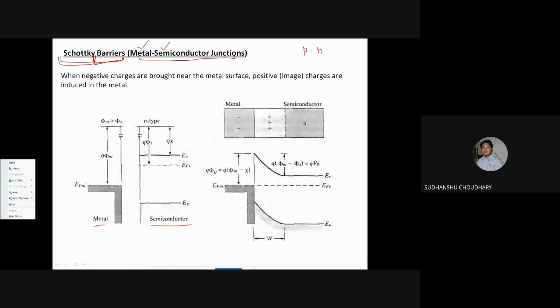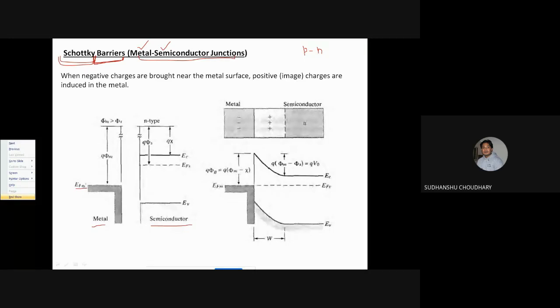So the energy band diagram of metal is simply represented by its Fermi level, EFM, that is the Fermi level of metal. Now below this Fermi level, all the states are occupied by electrons, and above this, it is empty. There are no electrons, right? So below this, all states are occupied with electrons in a metal.